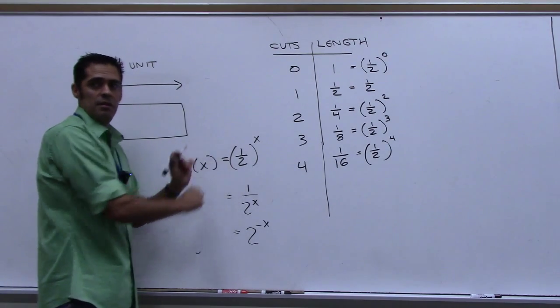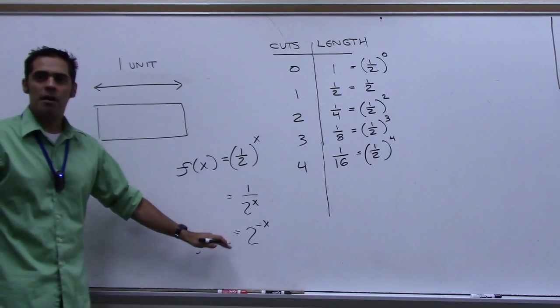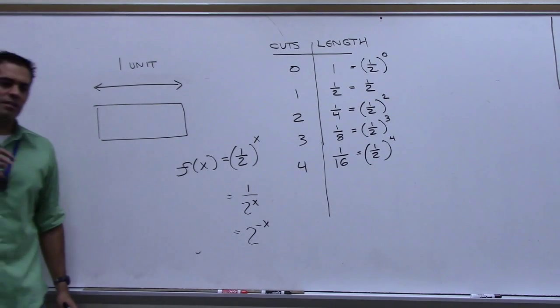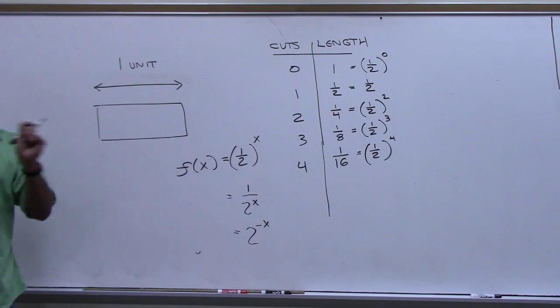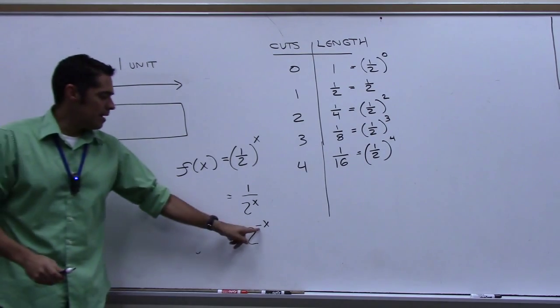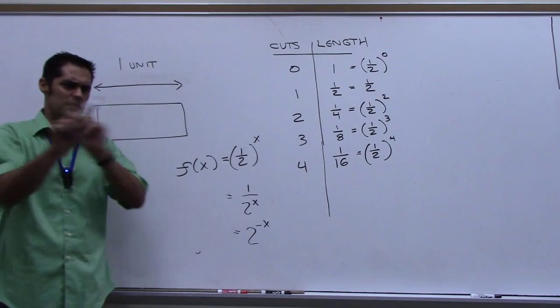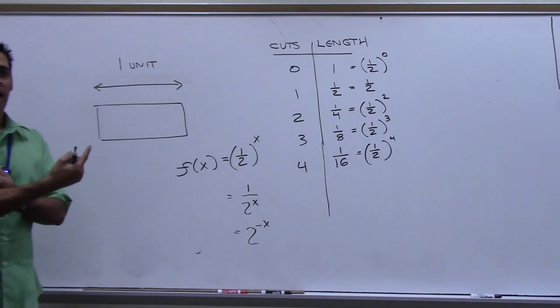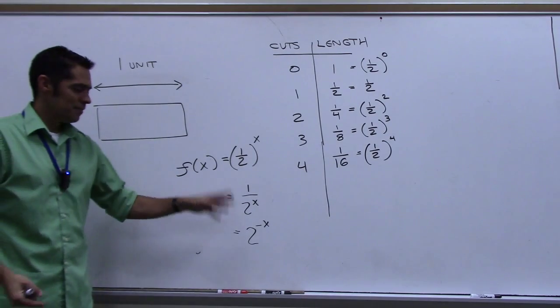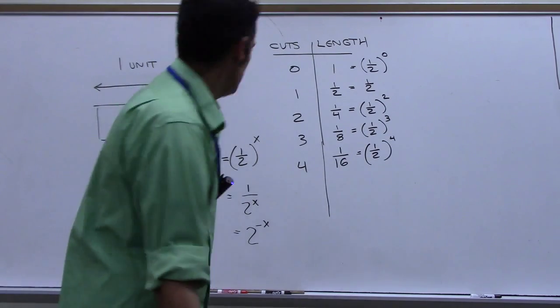Just this. Do you remember when we talked about translations of functions, moving them up, down, left, right, reflecting them over the x-axis? Or sorry, I said x-axis, y-axis. When you put a negative in front of the x, it's a reflection over the y-axis. So you'll see. We're a little ahead of ourselves here.